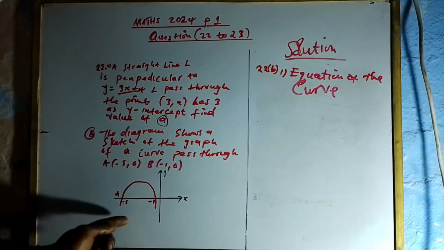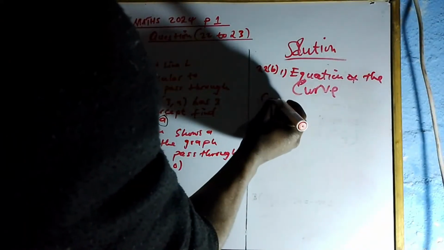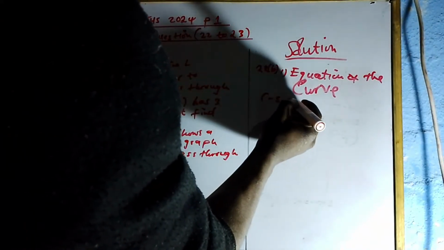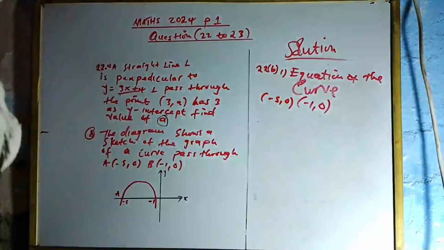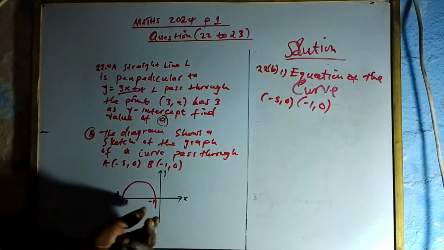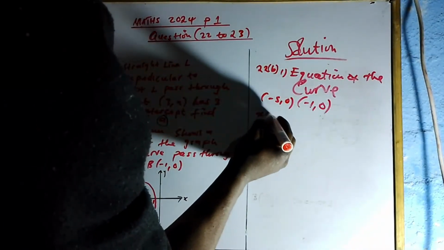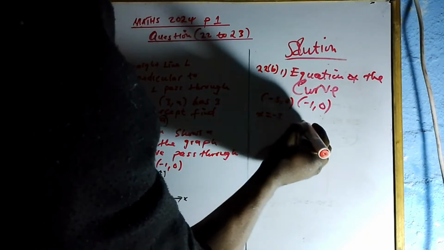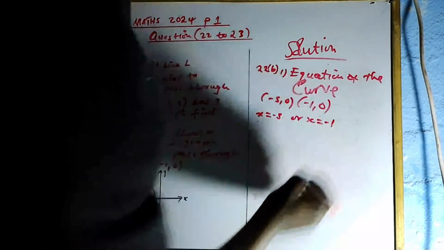How can you find the equation of the curve from these points which you have been given? We have -5, 0 and -1, 0. We have -5 and -1, in which you can say x is equal to -5 or x is equal to -1.